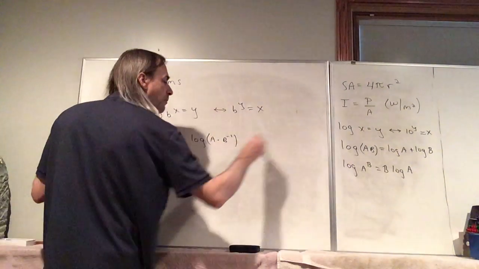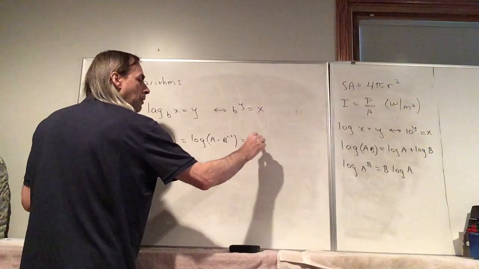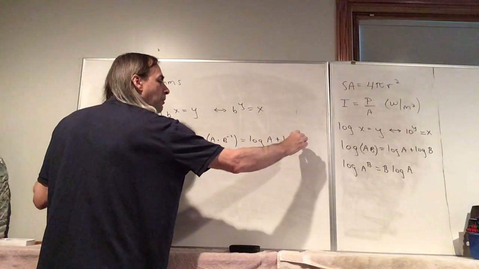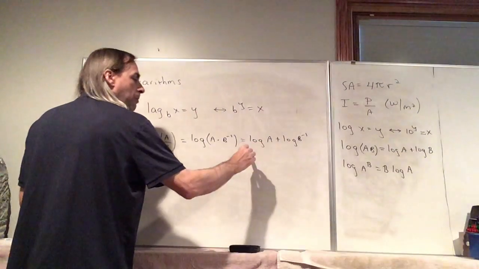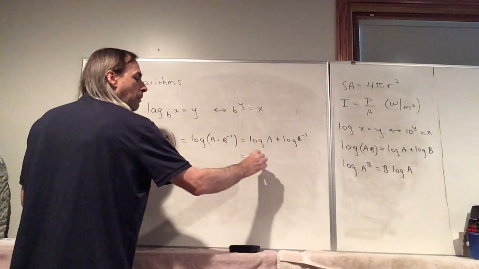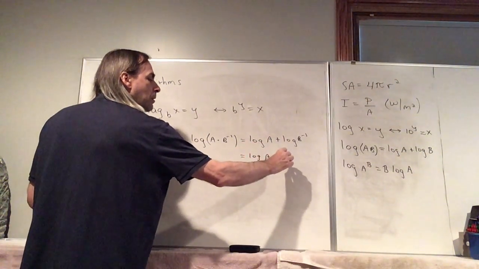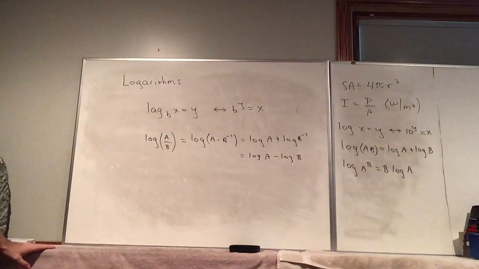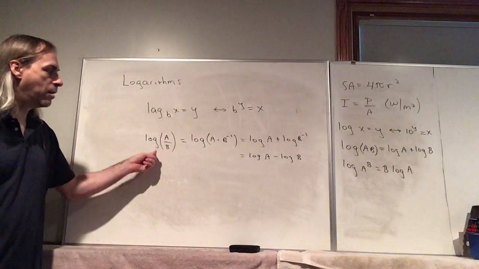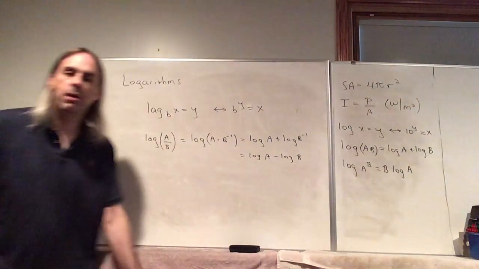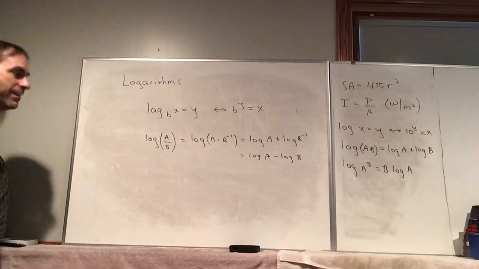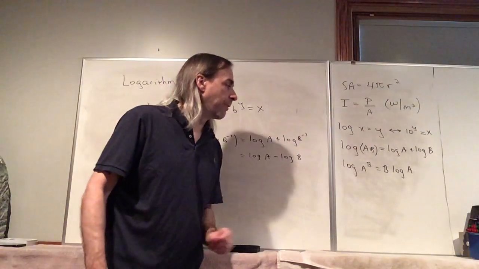Then use this first property: logarithm of a plus logarithm of b to the minus 1 power, which is logarithm of a minus logarithm of b. So log a over b is log a minus log b. That's nothing new though.